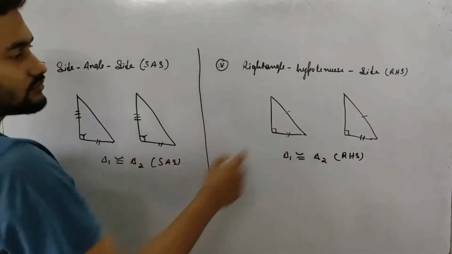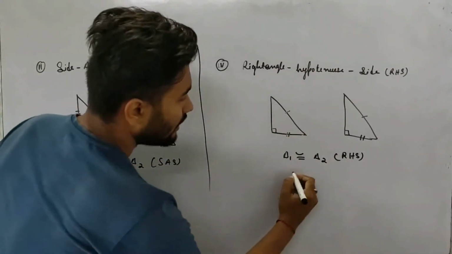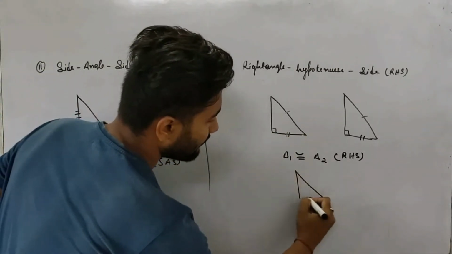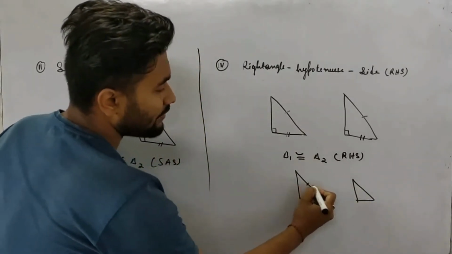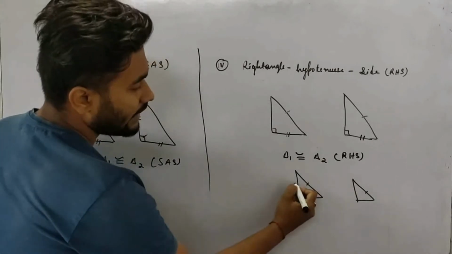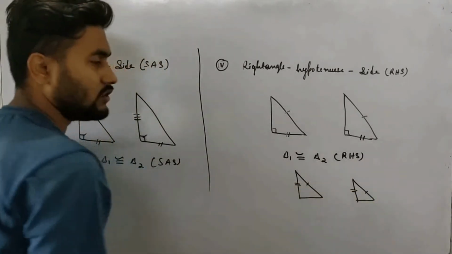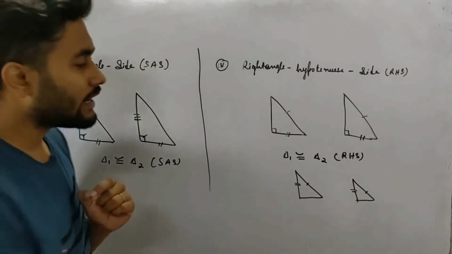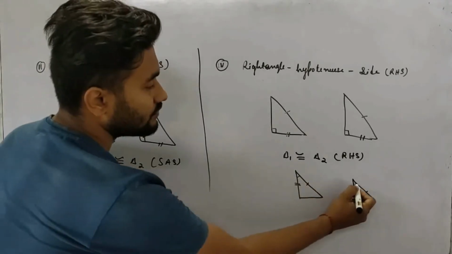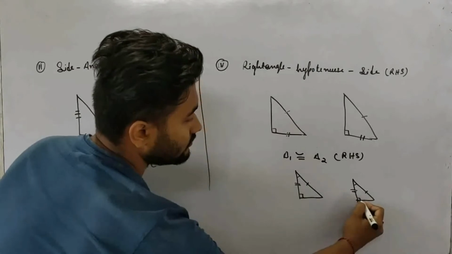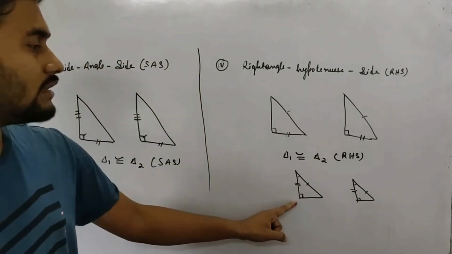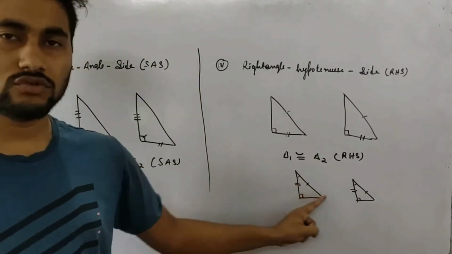And say for example, this hypotenuse is equal to hypotenuse and these two sides are equal. Now you will never get 90 degree over here also, because 90 degree will lie where? Here only. See again, this angle will never be between these two sides.